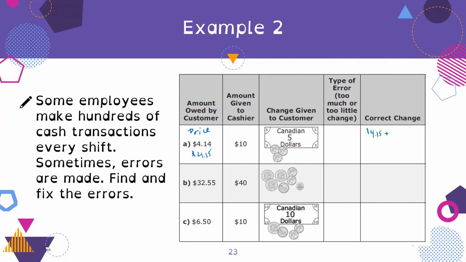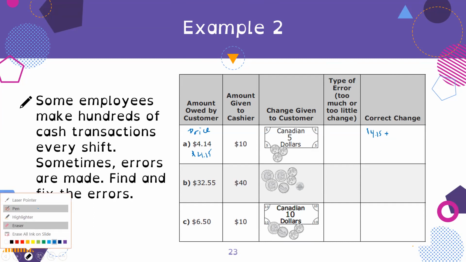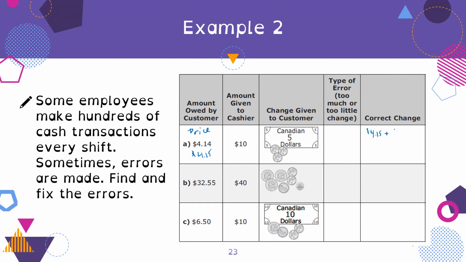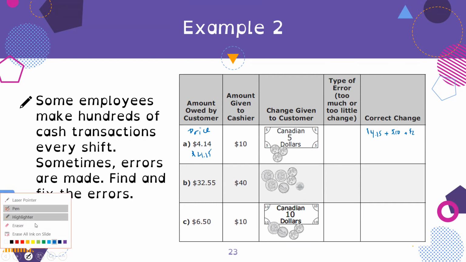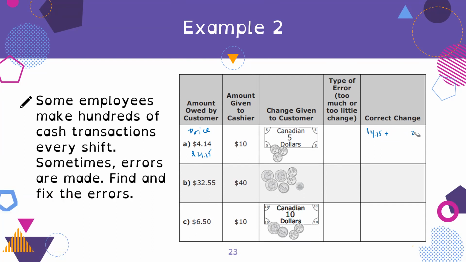I would add 10 cents to get to $4.25. And not dollars, but cents. Sorry, this is why your symbols make a real difference. Okay, so 10 cents, and then I would have $4.25. Then if I add another 25 cents, that's $4.50.